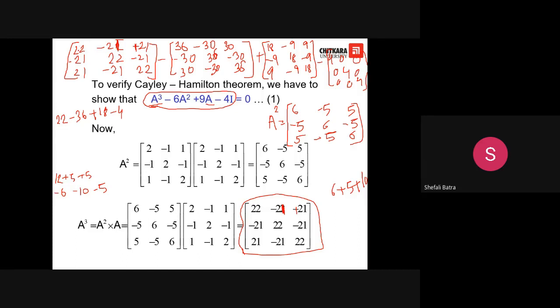So if I am talking about this 22 minus 36 plus 18 minus 4, this entry would be 0, no? 22 plus 18 is 40 and 36 plus 4 is 40, so this is 0. So in the result, eraser.